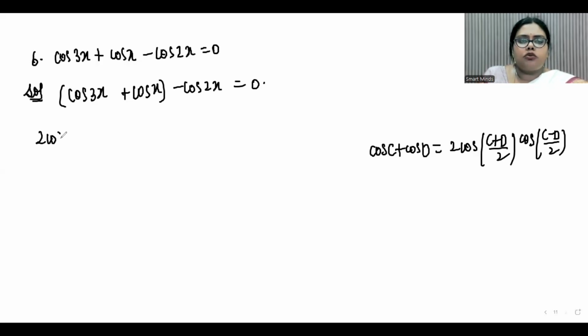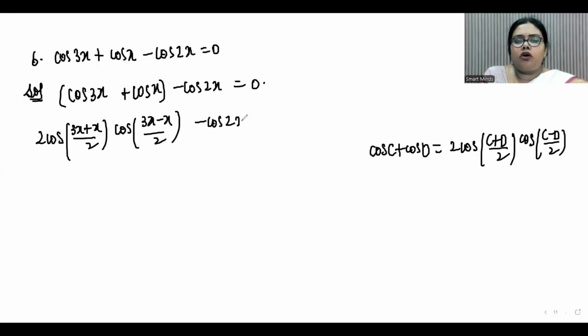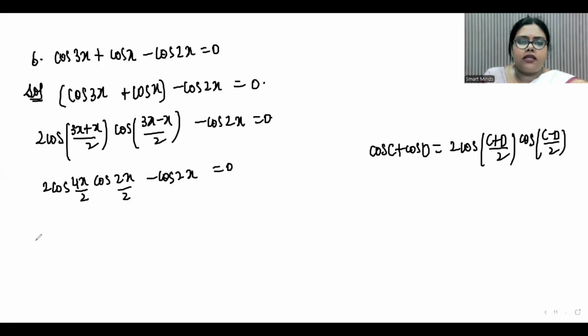So this is 2 cos (3x plus x)/2 cos (3x minus x)/2 minus cos 2x is 0. So this is 2 cos 4x/2 cos 2x/2 minus cos 2x is 0.